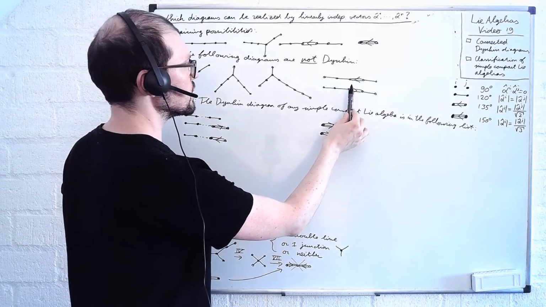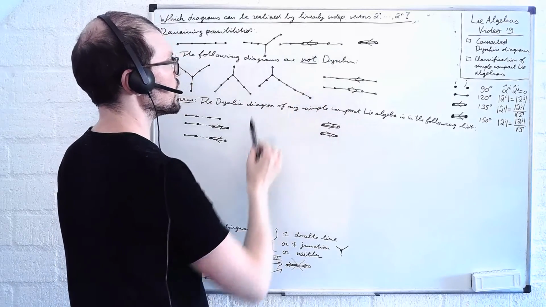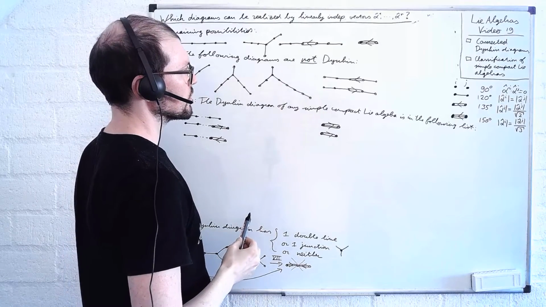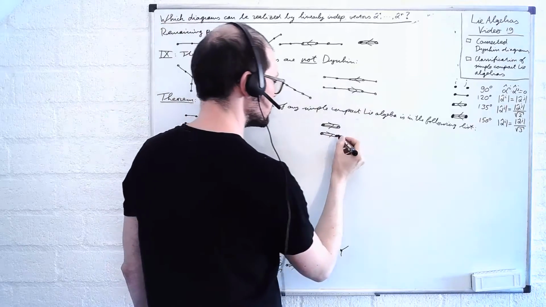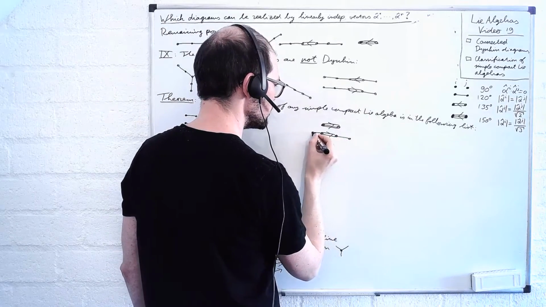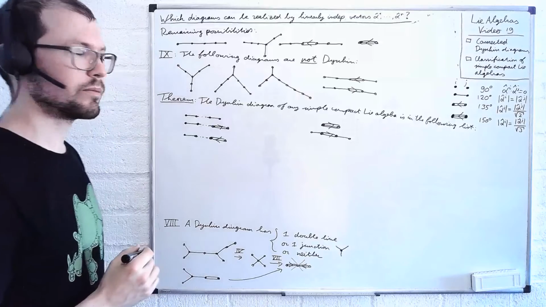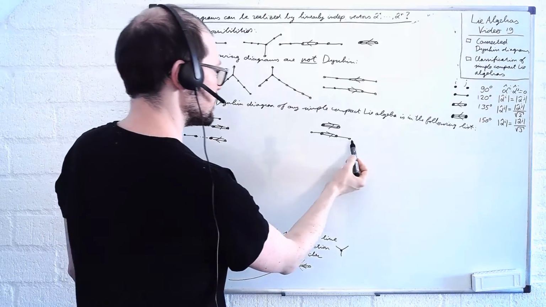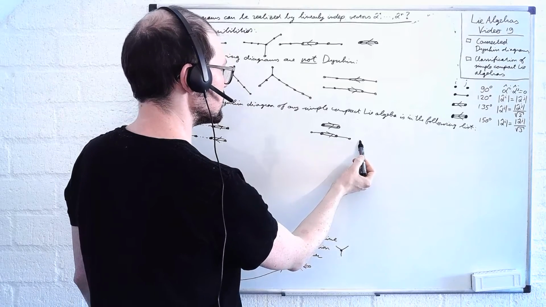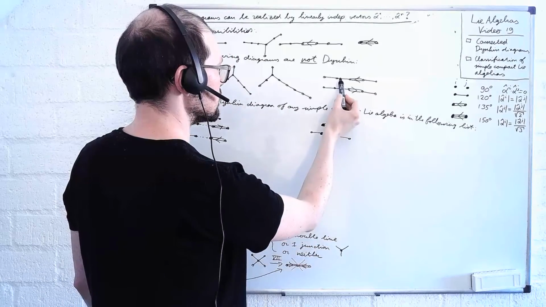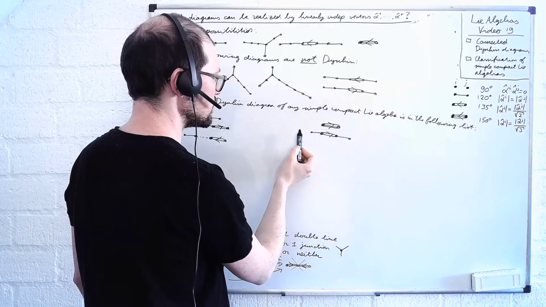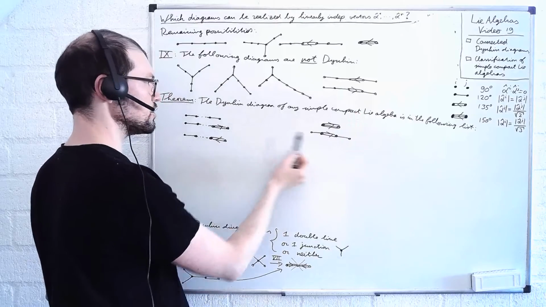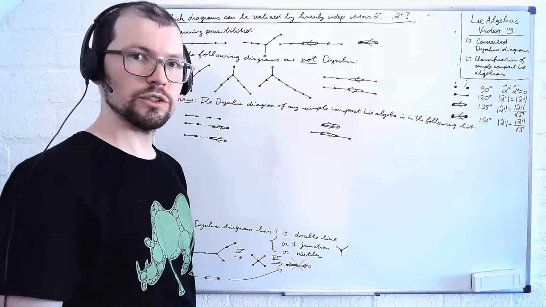So we cannot make both of these branches of length 2 like this, but we can put one edge on either side. But I cannot add another one on this side, because then it would contain this subdiagram. And I cannot add another one on that side because then it would contain this one. So these are really all the possible diagrams that contain a double edge.